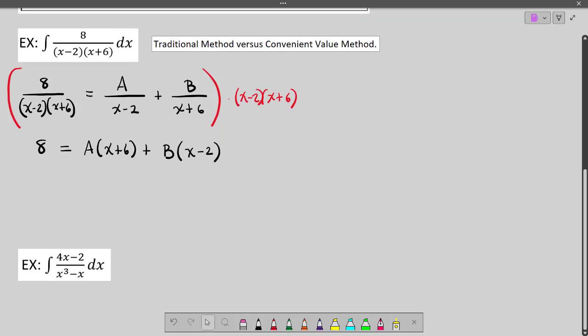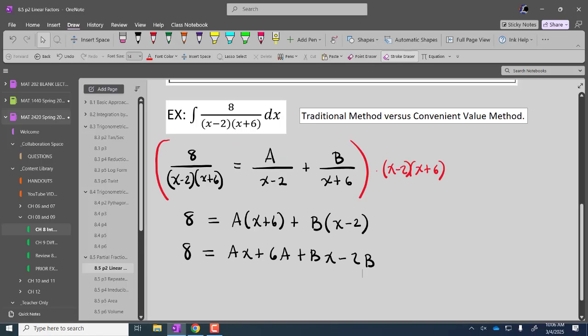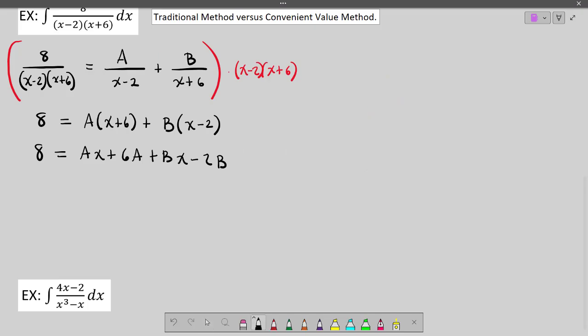So here, we're going to do the traditional method of solving. There are two techniques right here. On the right-hand side, I'm going to distribute. And then just to be thorough, I'm going to rewrite the right-hand side like this.